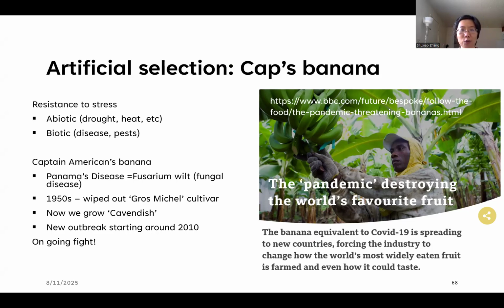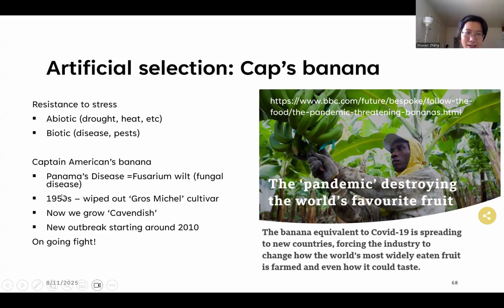Or it can be biotic stress, or stress caused by other organisms, such as disease, pests, and pathogens. The reason why this is Captain America's banana is that when Captain America was born, most of the banana that was eaten in the US was the Gros Michel cultivar.